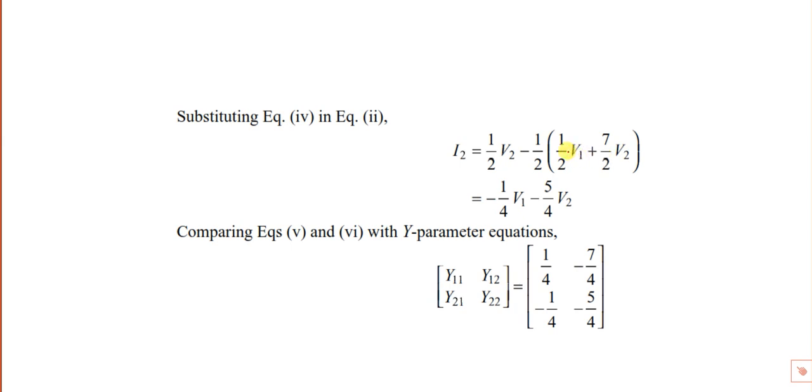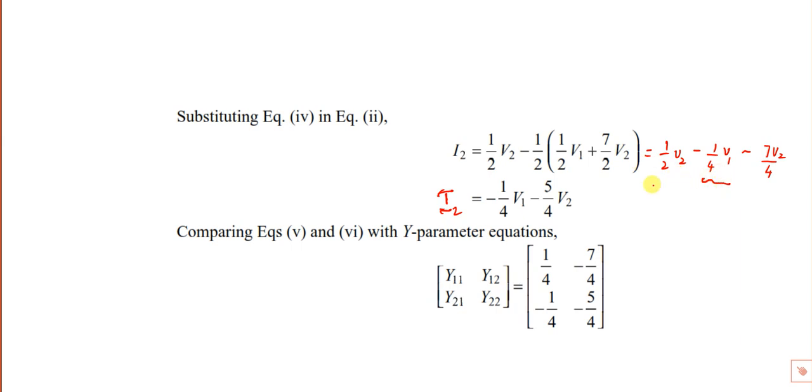Again if I simplify this, we'll get I2 in terms of V1 and V2. So if I simplify this, of V2, half into half is 1 by 4 V1, minus into plus is minus 7 V2 by 4.